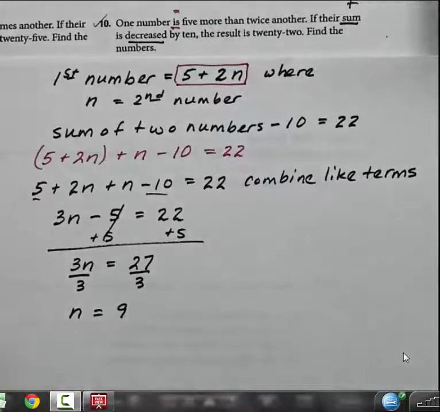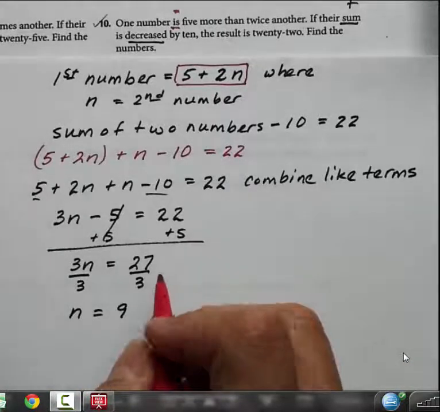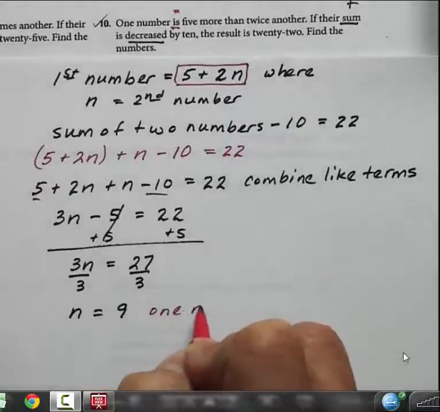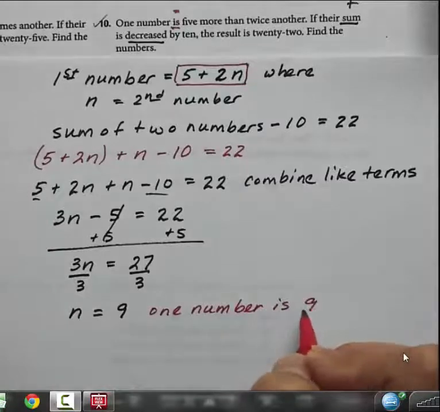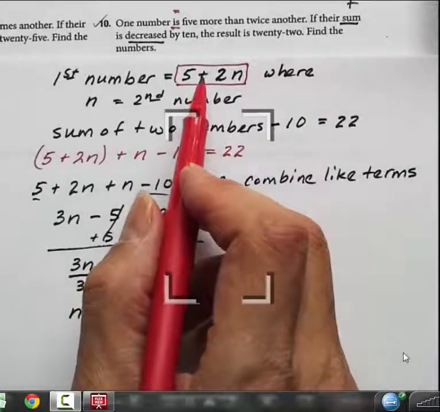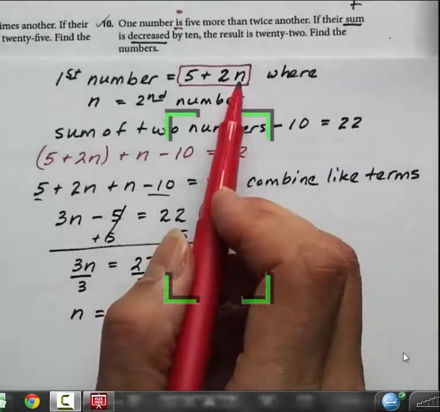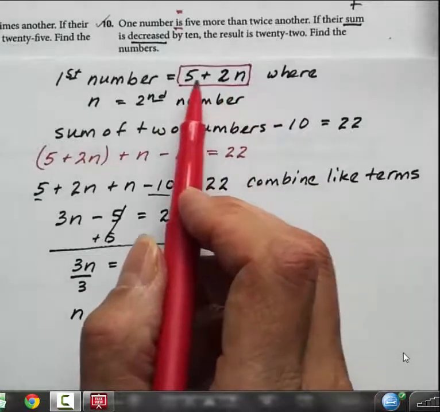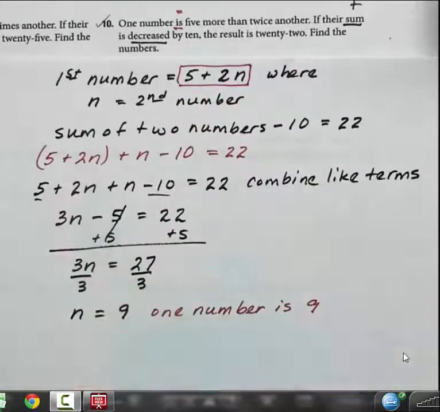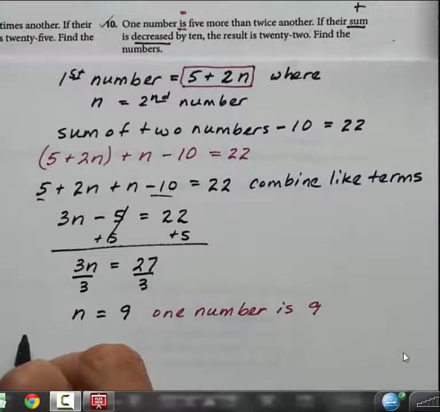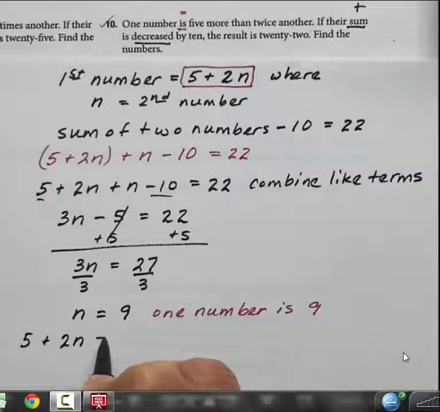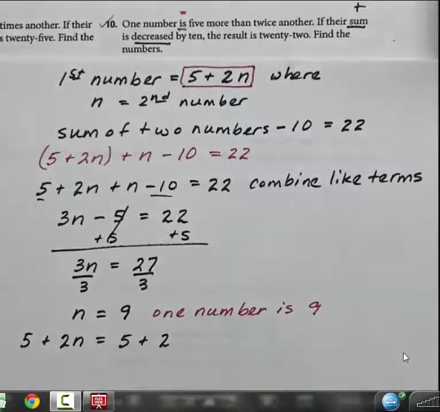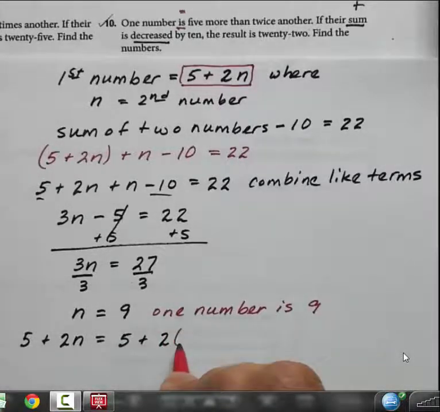So I have my one number is 9. To find my other number, I'm going to need to take 9 and put it back into my expression that I had up here for the other number. So I had 5 plus 2n is my other number. So I'm going to take 5 plus 2, and then instead of n, I'm going to be writing in my 9.